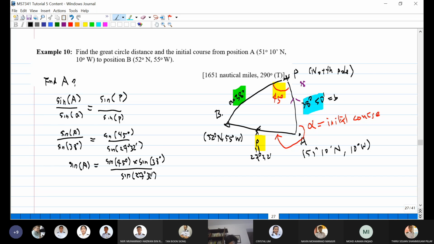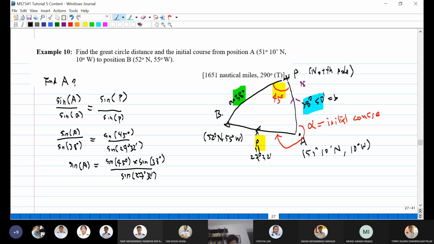Let's calculate it. Sine 45 times sine 38 over sine 27 degrees 32 minutes.